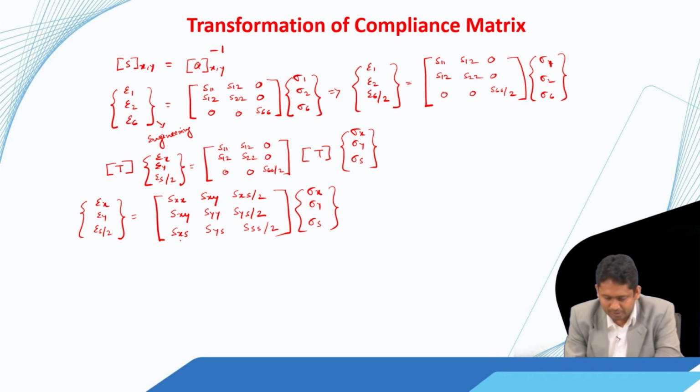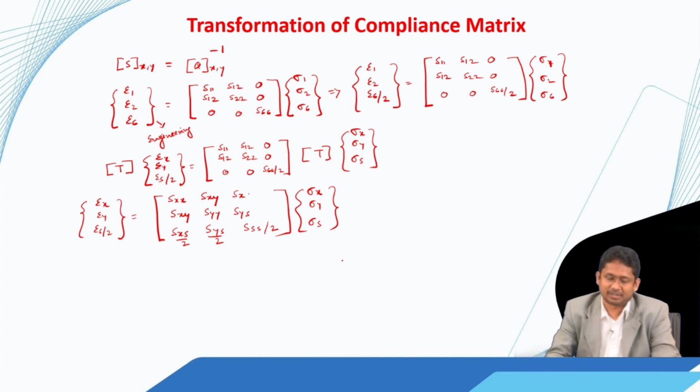Okay, so all these halves should come here, not on that side, because finally we want this epsilon s to be 1 by 2. So, this half should not be in those two elements. All right. So, this is our new S matrix in the xy system when our strain is tensorial.